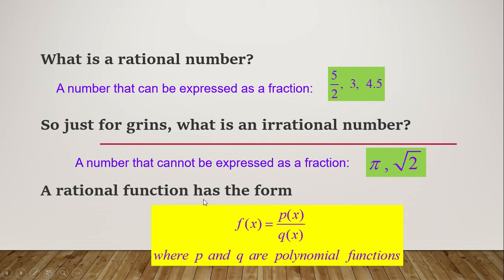A rational function has the form f of x is equal to p of x over q of x, where p and q are polynomial functions.